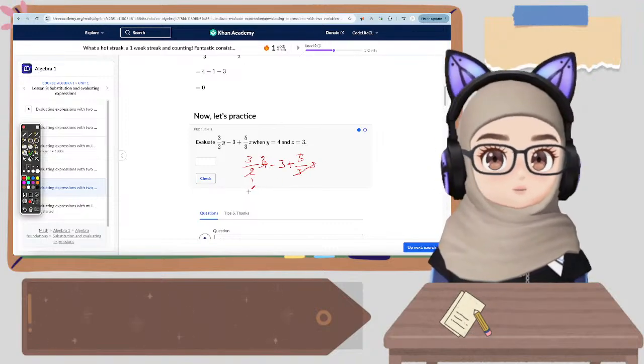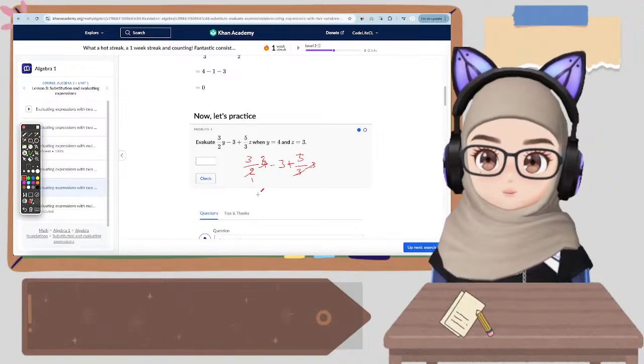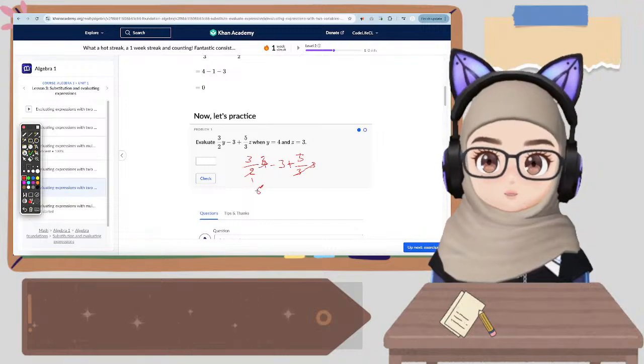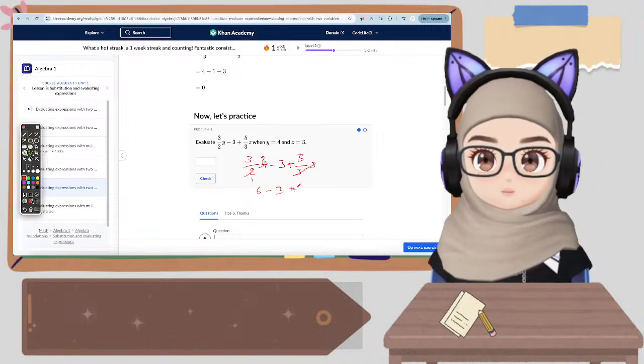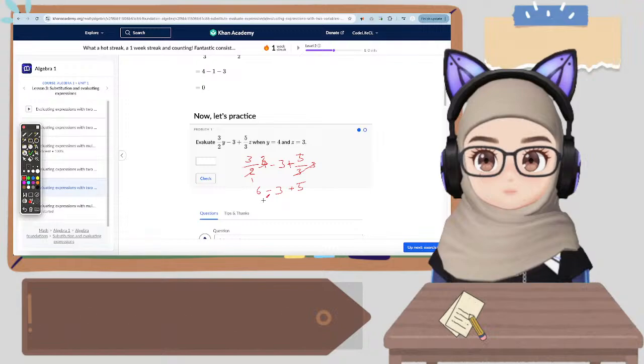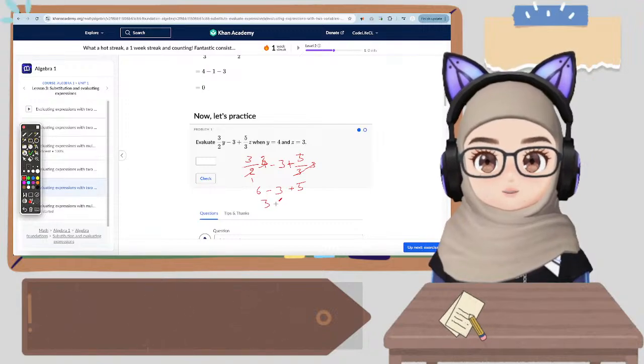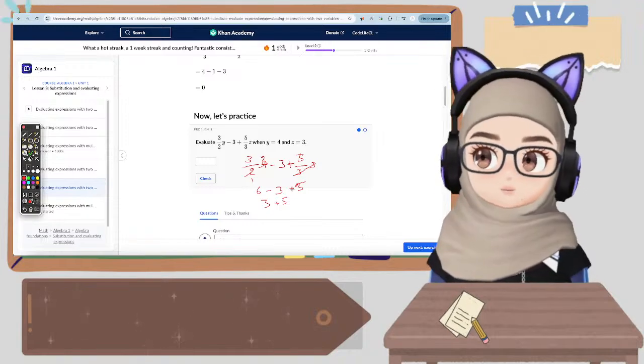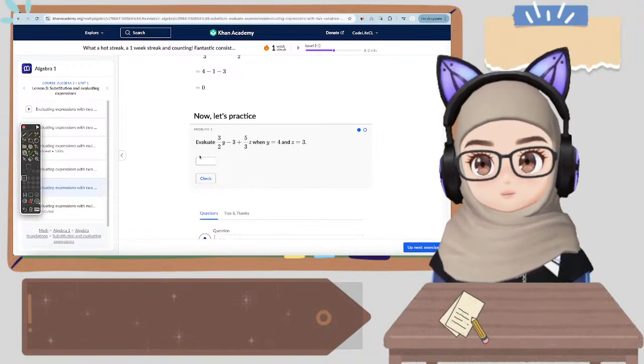I'm hoping that's the case. So we have 2 times 3, which is a 6, minus 3 plus 5. That's a 3, plus 5, that's an 8. And if I get it wrong, then I get it wrong, and I'm just going to be sad about it. So let's do that.